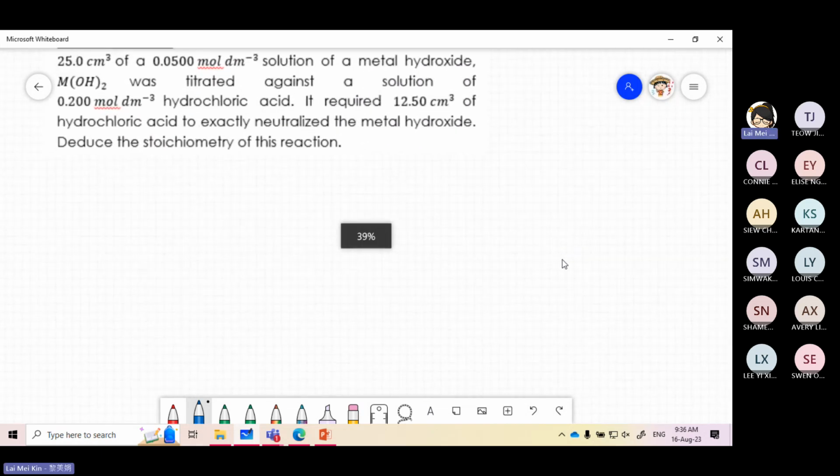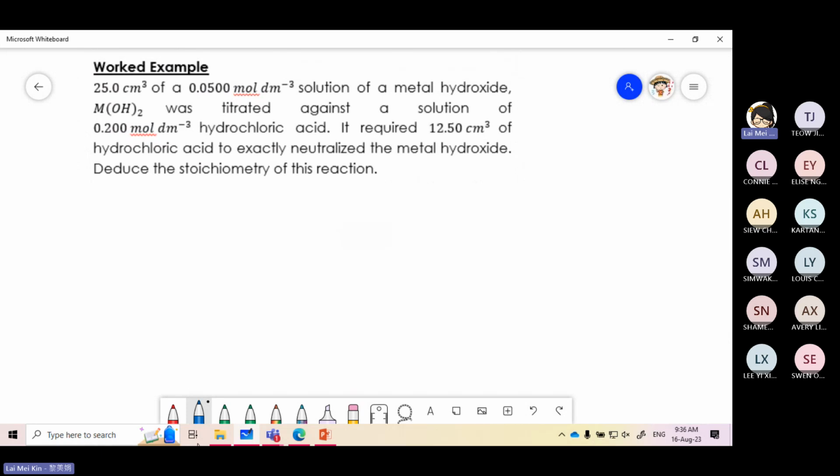The same thing: if I have the information for both my reactants, I find the number of mole, and I can have the complete chemical equation or stoichiometry. Let's see what I have. I have this volume, 25 centimeter cube, molarity 0.05 mole decimeter cube of metal hydroxide. Given to you, metal hydroxide is M(OH)2. I titrate it against a solution.